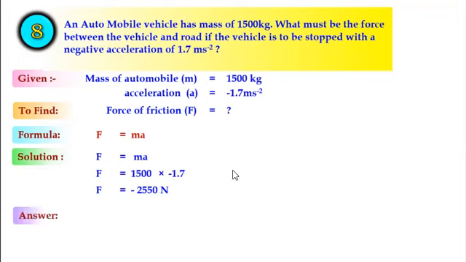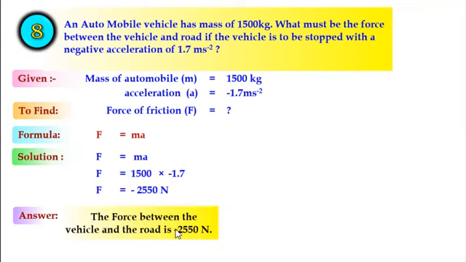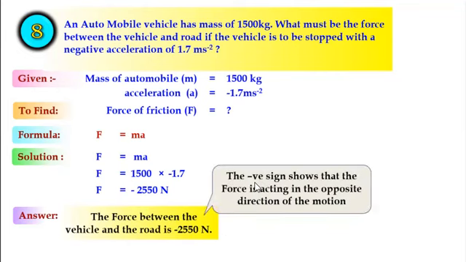So the answer is, the force between the vehicle and the road is 2550 newtons in the opposite direction. This negative sign shows that the force is acting in the opposite direction of the motion. Next question.